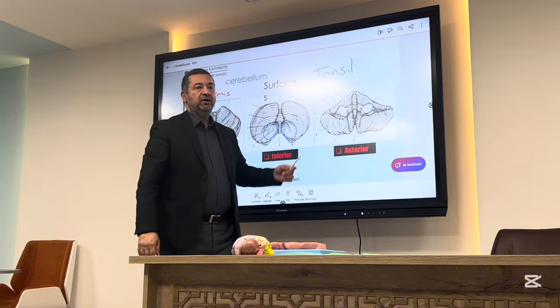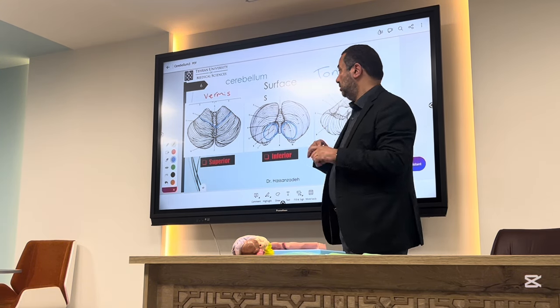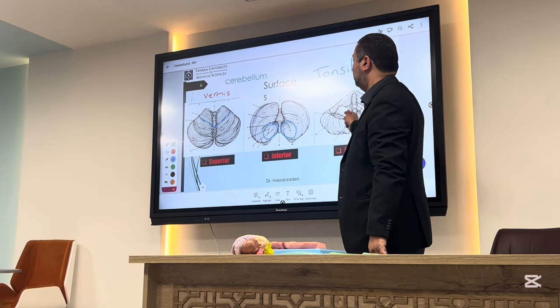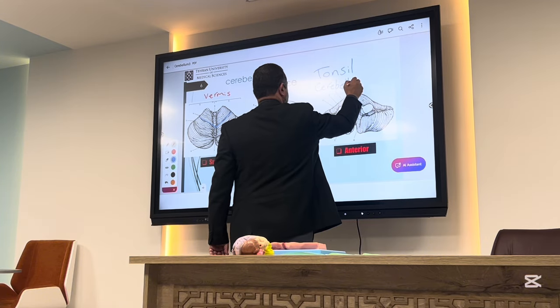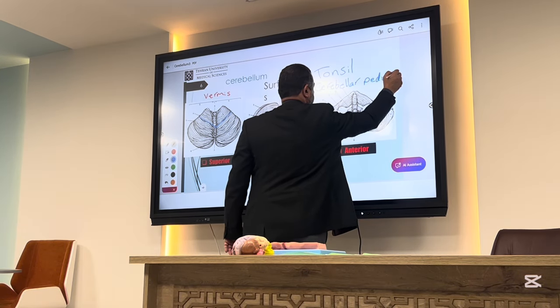Anterior surface of the cerebellum is a narrow part. In the anterior part of the cerebellum, there are 3 pairs of cerebellar peduncles.